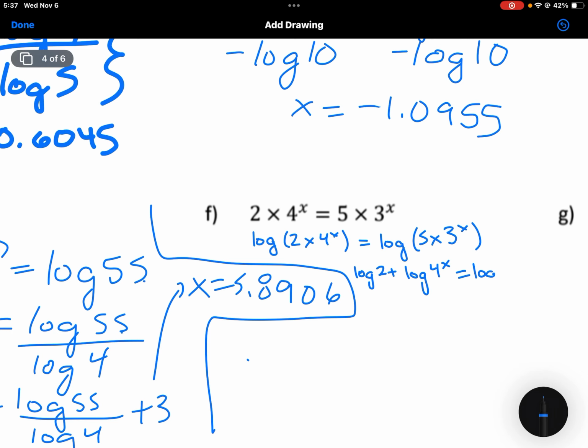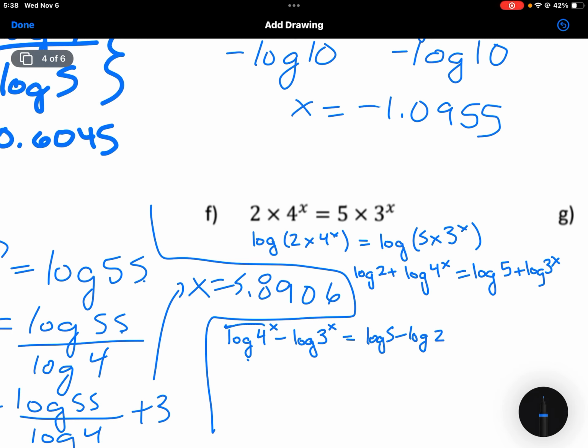I'm going to do the same thing on the right-hand side. And then I'm going to collect like terms. So I'm going to move all the terms with the x onto my left-hand side. So I've got log 4 to the x minus log 3 to the x. And then I've got log 5 minus log 2, which is just a number.